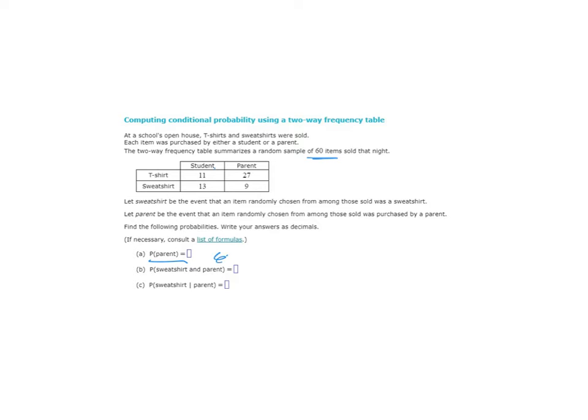Out of the 60 purchases, this many were made by parents. So that is 27 and 9 is 36. So I got a 36 out of 60 chance. I would type that in and write it as a decimal.